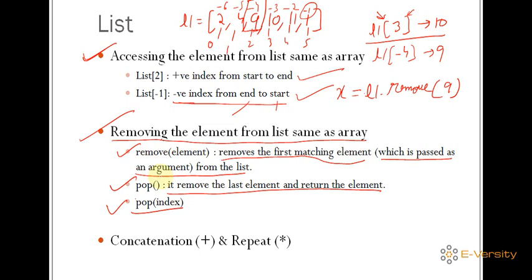If you want to remove a particular element, you can use remove. If you want to remove the last element, you can use pop, and if you want to remove the element at a particular position, you can use pop with an index. Fine.